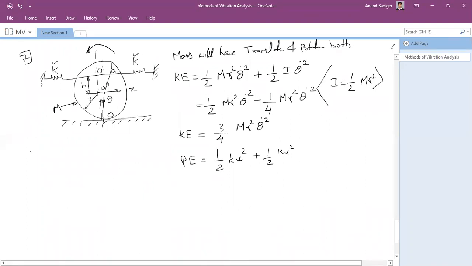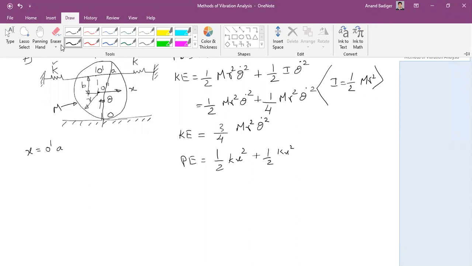So I'll write here. So x geometry is nothing but O dash A. This displacement I have to find out. So the displacement between O dash to A, the one which I will highlight over here.